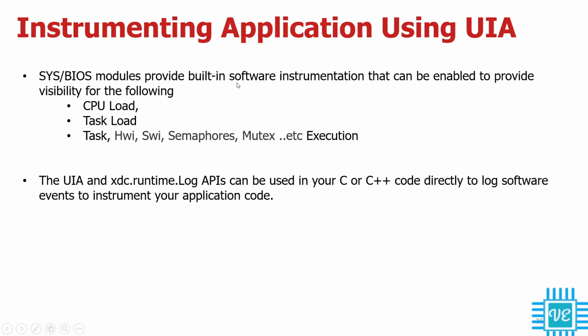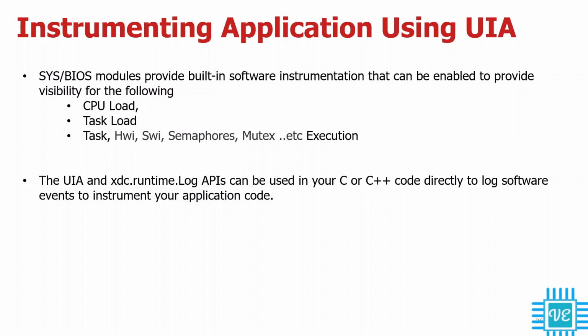So what are the features that we are actually going to get if we integrate this into our application? This is part of SYS/BIOS. UIA is included in SYS/BIOS, and it provides software instrumentation features like CPU load, task load, software interrupt load, and hardware interrupt load.